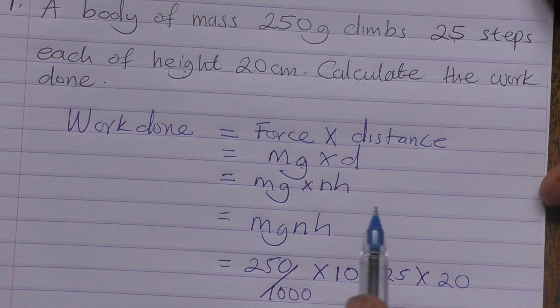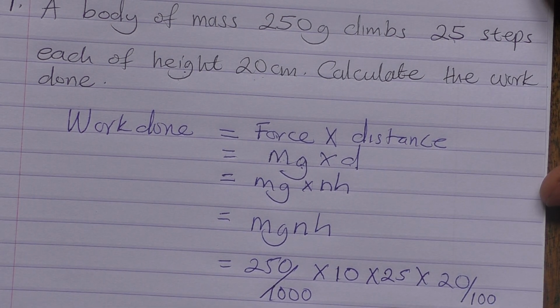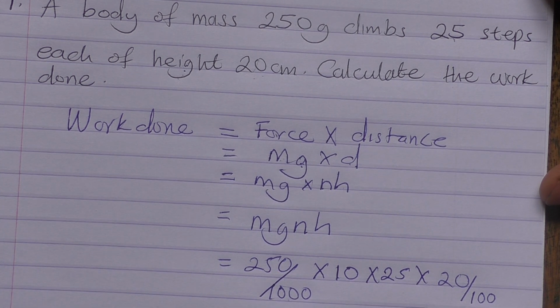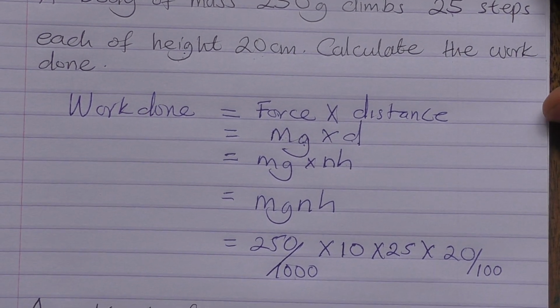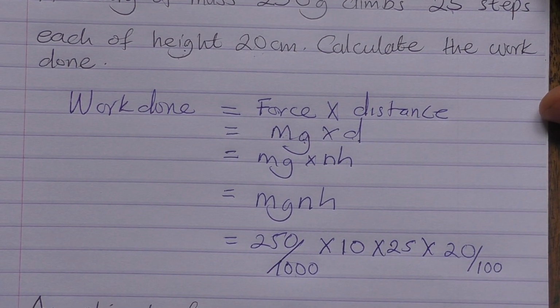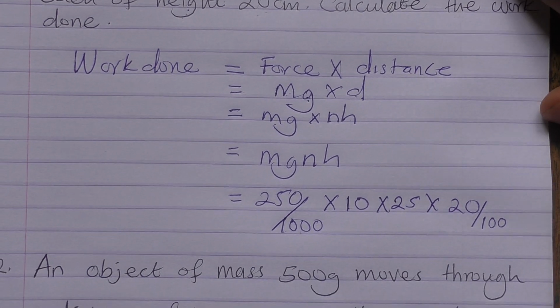We must express it in meters, so we shall divide by 100. And once you compute this, we shall end up with our work done in joules or newton meter. So that has been our first example.